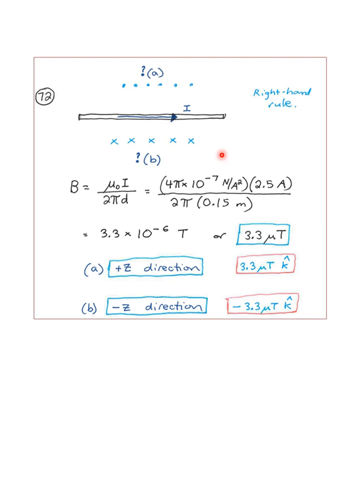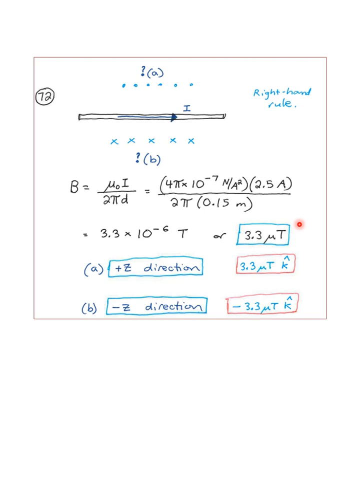Now let's solve for the magnitude of a magnetic field that is produced by a current in a wire. It's mu naught, the permeability constant, times current divided by 2 pi times the distance. And you can plug all those values in, and you get 3.3 microteslas at that distance.